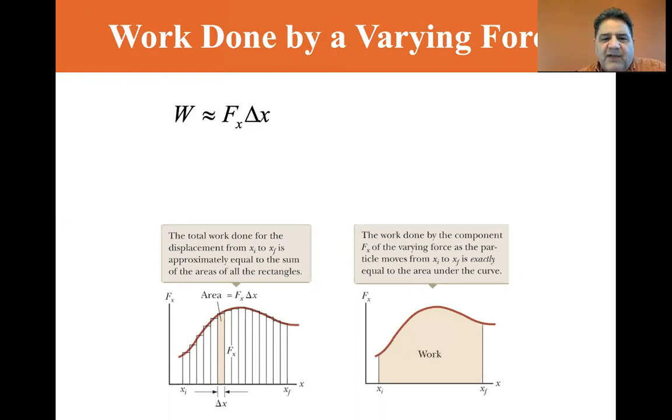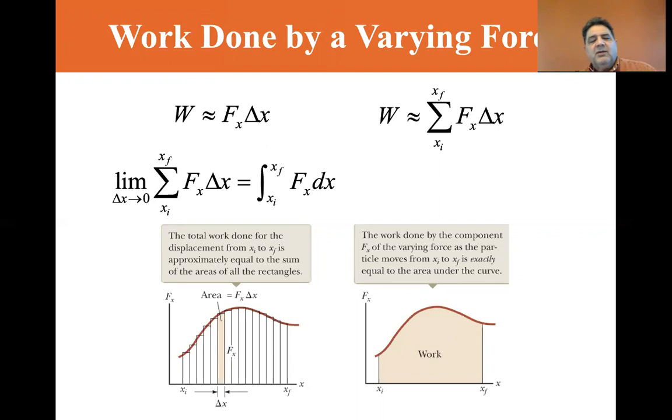So work equals Fx delta x. We have all these delta x, x sub 1, x sub 2, x sub initial to x sub final. So the work is equal to each of these rectangles.